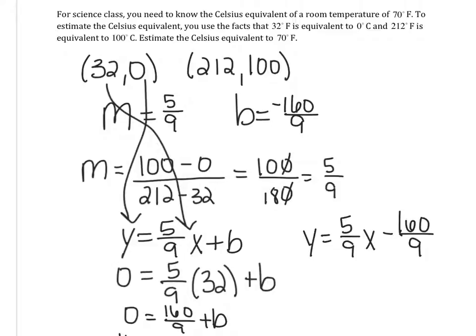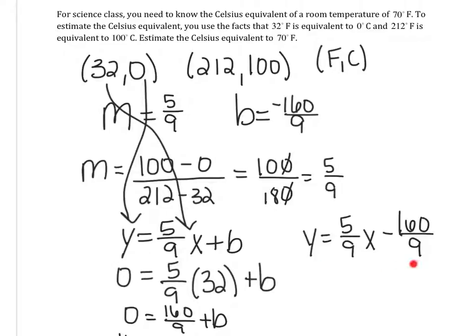So there's my equation. Keep in mind that the 32 was a Fahrenheit and the 0 was a Celsius, just like the 212 was a Fahrenheit and the 100 was a Celsius. So really my ordered pair is not just x comma y, it's F Fahrenheit comma C. So the whole point of finding this equation was that we were asked to estimate the Celsius equivalent to 70 degrees Fahrenheit.